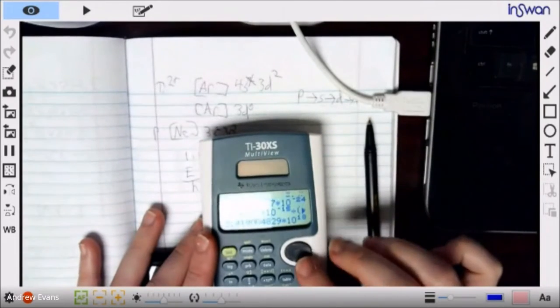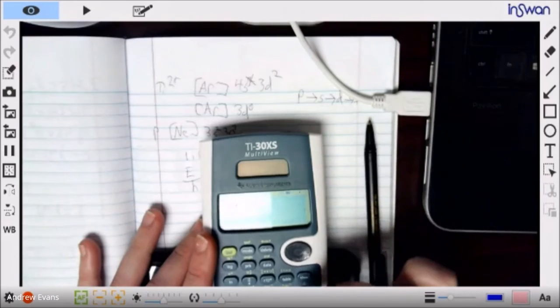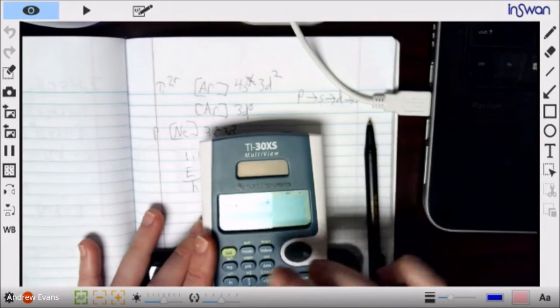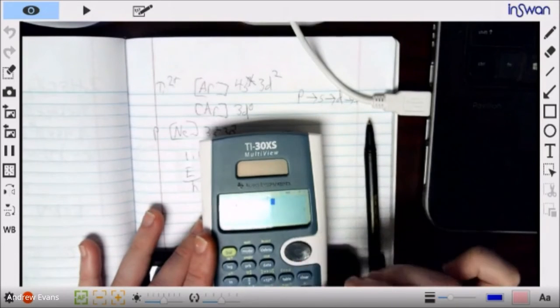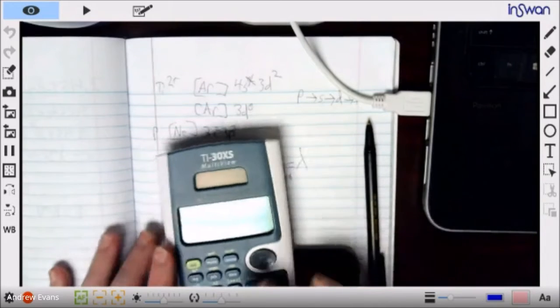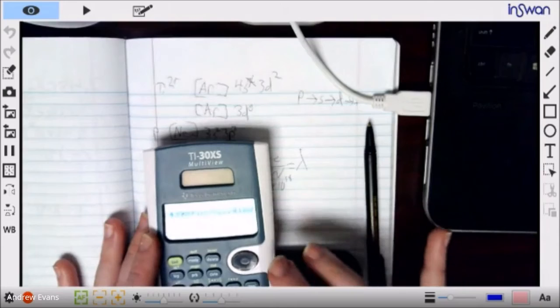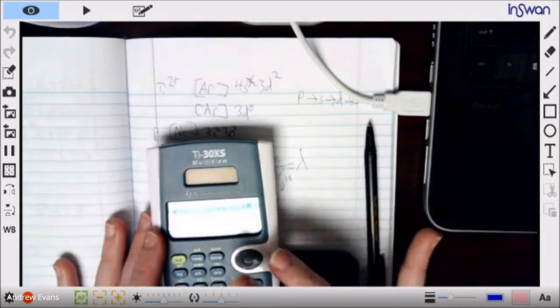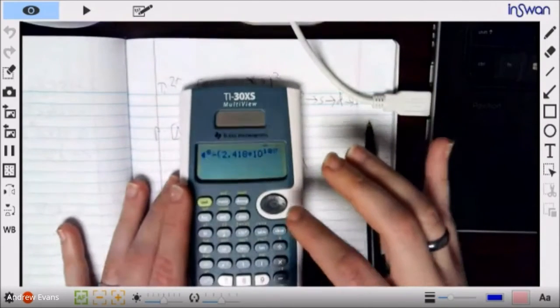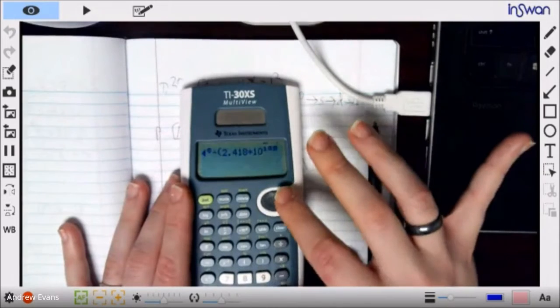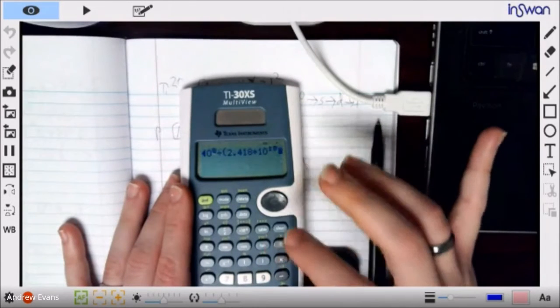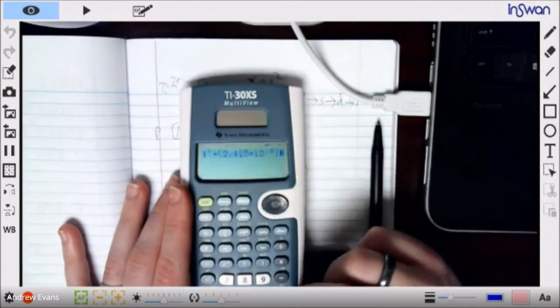Next up, 2.998 times 10 to the 8 divided by my frequency, 2.418 times 10 to the 18. Gives me a really small number.